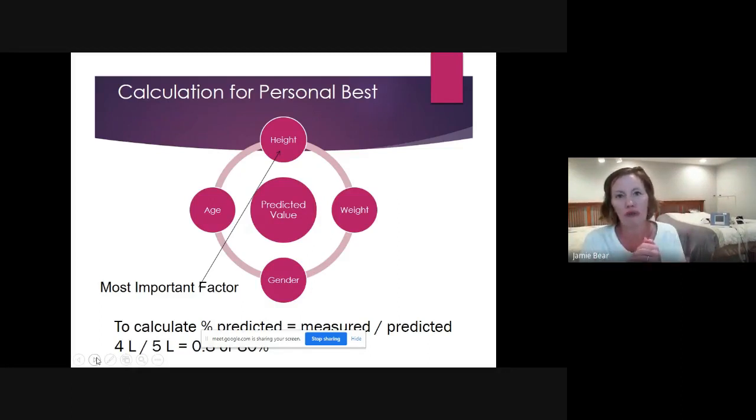So in order for the machine to calculate the percent of predicted, or if you're asked to do that, you're just looking at the measured value of what the patient actually performed over their predicted value. For an example, if your patient was able to perform a forced vital capacity of 4 liters and the predicted was 5 liters, you just go measured over predicted. So 4 liters over 5, and that's 80%.